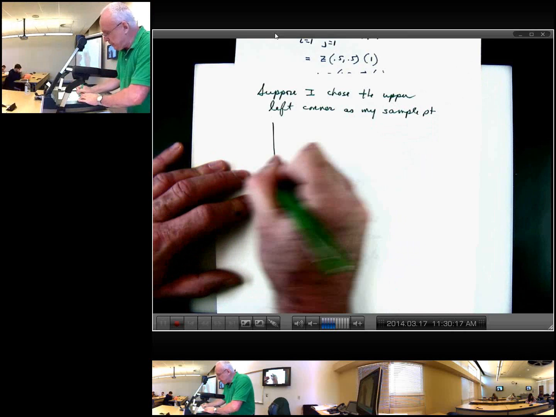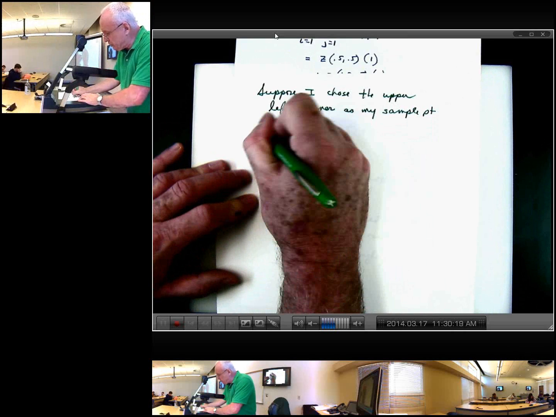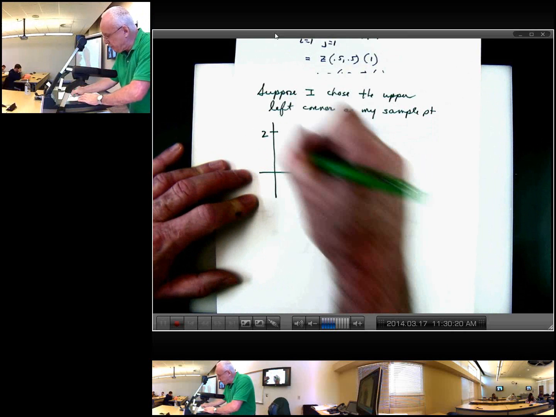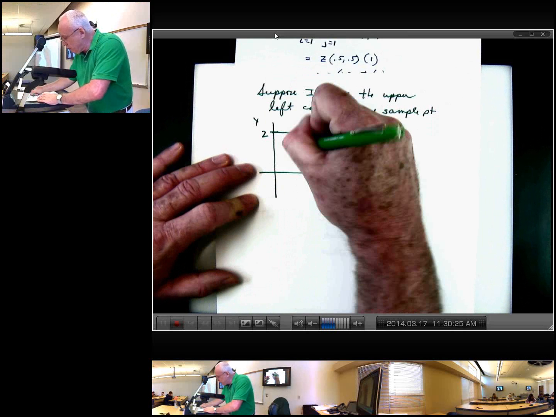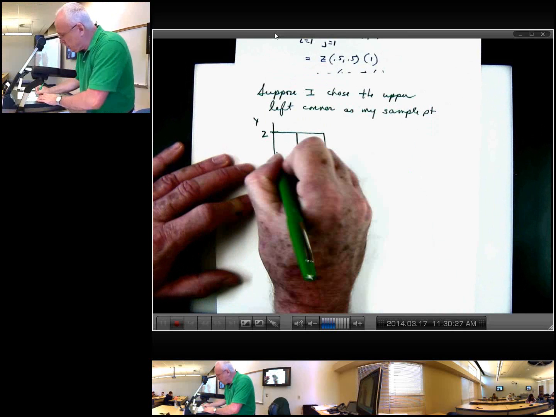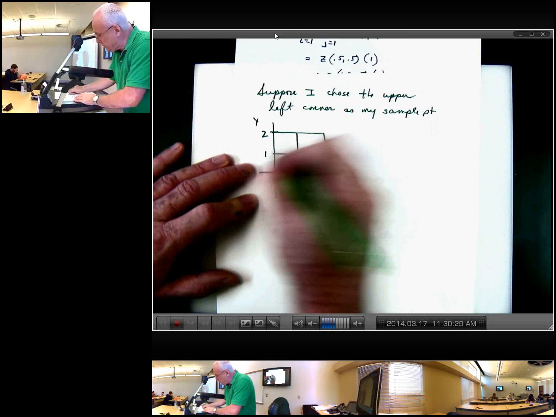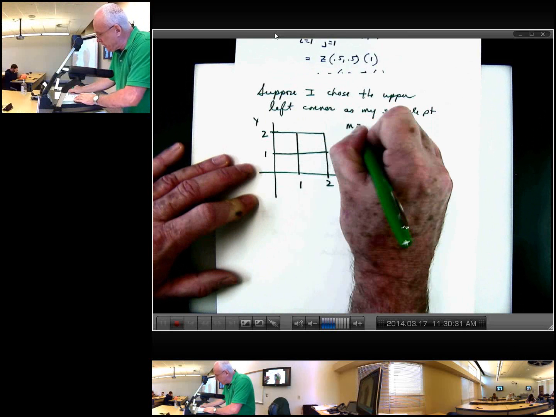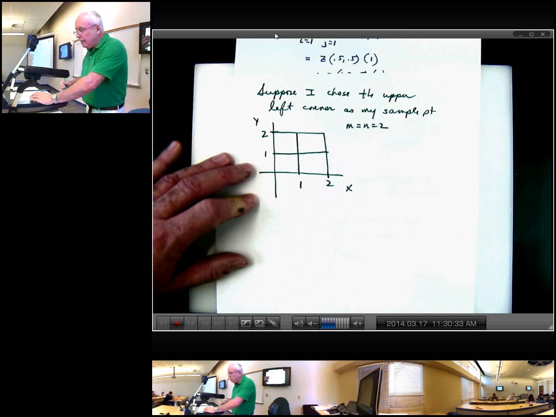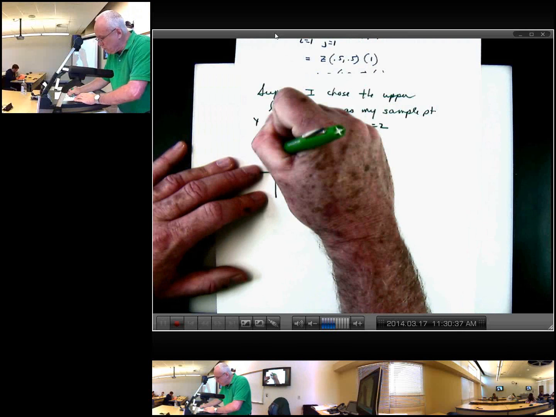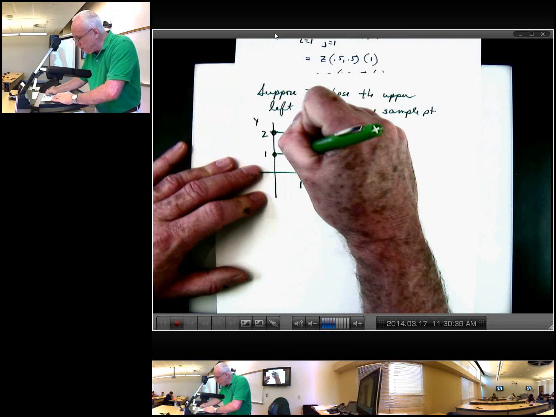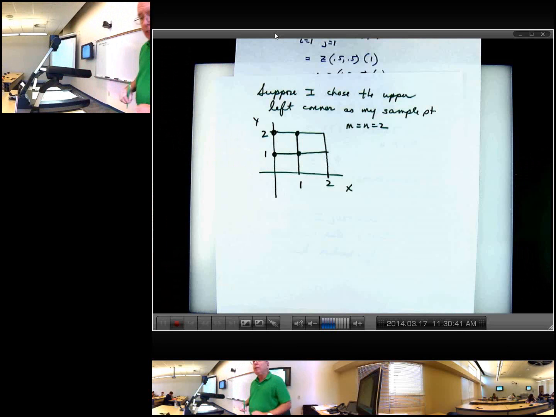Now in this case, looking here again, just dividing this up, x and y, 1 and 1, this is m equals n, which is equal to 2. Now I'm choosing the upper left, so that would be right here, right here, right here, and right here, the upper left for each one.